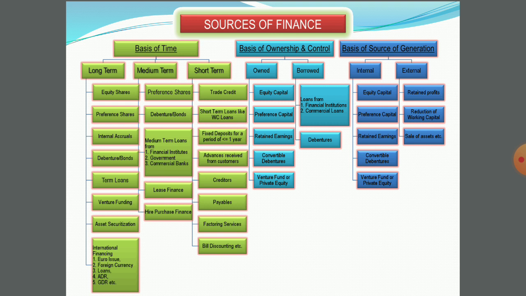The second classification depends upon ownership and control. Ownership and control divide the sources into two types: owned funds and borrowed funds.